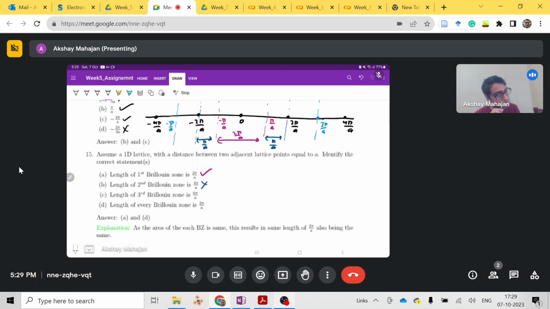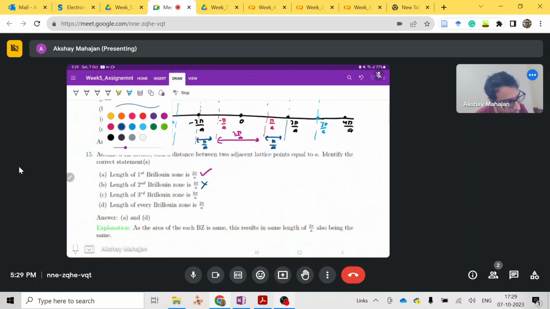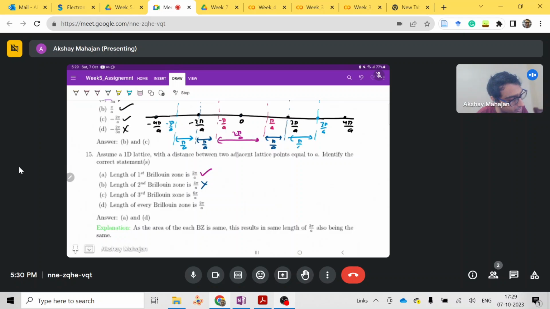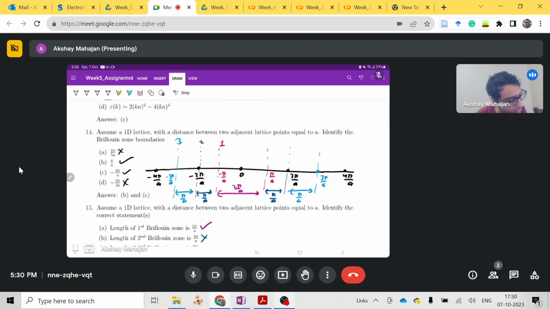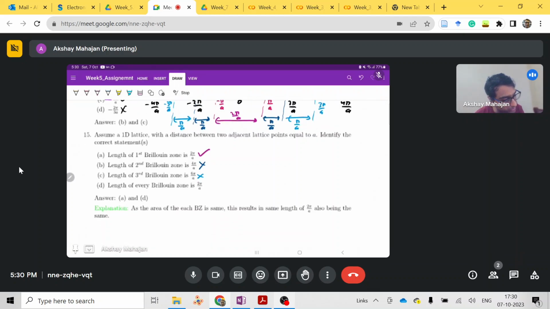And the length of the third Brillouin zone, again, if you go this distance, you can check, from minus 2 pi by A to minus pi by A and pi by A to 3 pi by A, each is pi by A. So the third Brillouin zone also has length pi by A plus pi by A equals 2 pi by A. So this is also wrong. The length of every Brillouin zone is 2 pi by A. That is correct.